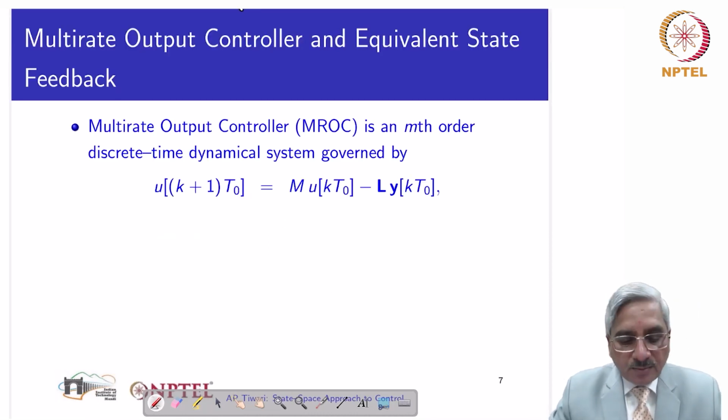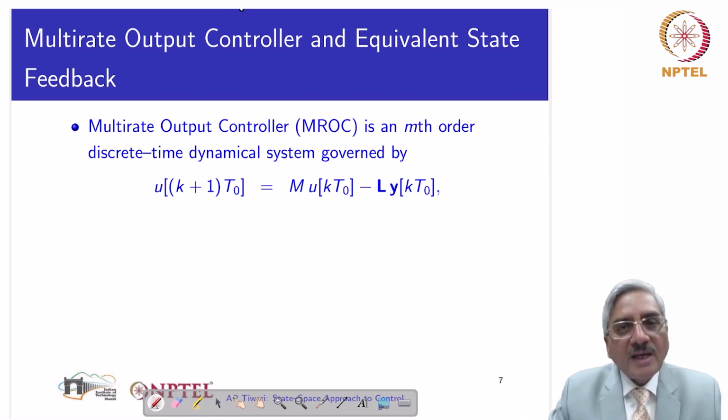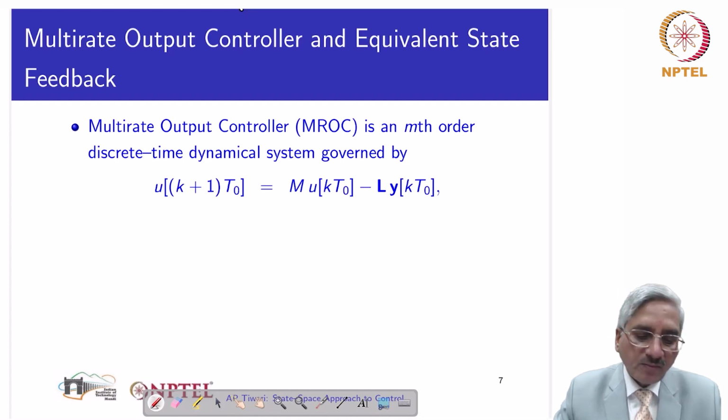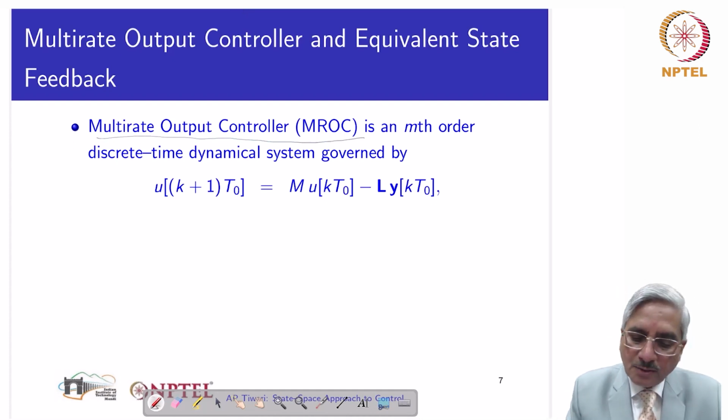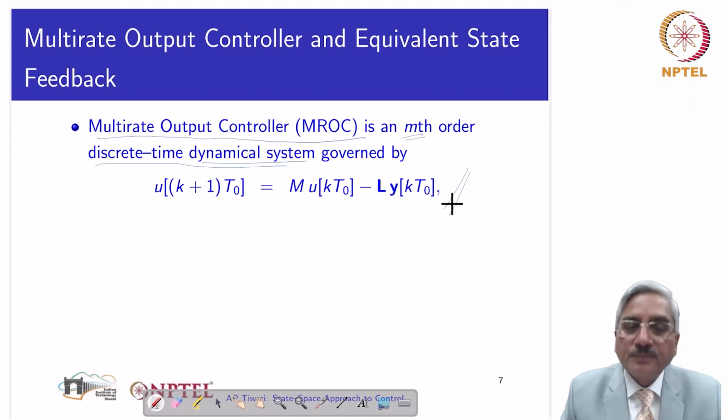Now with that background, we are ready to discuss the multi-rate output controller and how it is equivalent to a state feedback. Like in the Luenberger observer, where we introduced a dynamic system, the observer dynamic system, similarly the multi-rate output controller is also a discrete time dynamical system of order m, given by this equation.